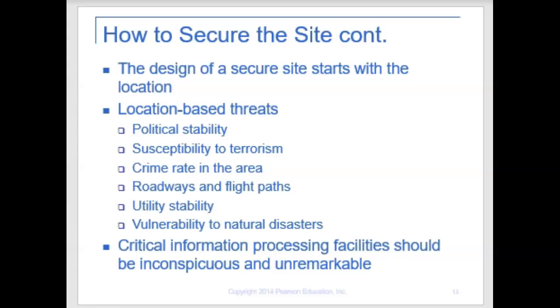But in addition, it's the safety of our people that work there, that travel in and out, right? So what are the adjacent buildings? Is there a roadway? Is it on a flight path, right? Is the power grid stable in the area? Is it vulnerable to natural disasters like an earthquake, for example? I live on a fault zone, right? So it's susceptible to earthquakes.